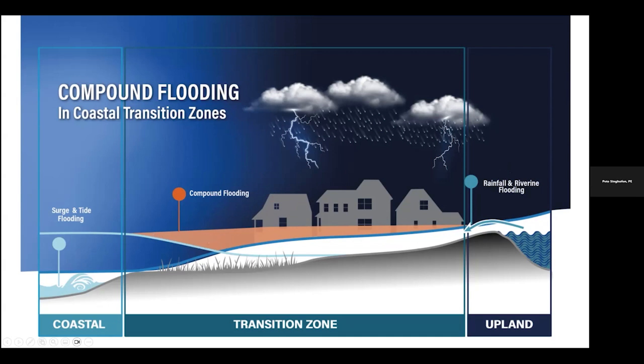It depends on antecedent conditions up in the upland portion. It depends on all the storm surge considerations like wind direction, wind speed, pressure, all sorts of things that affect where the water levels in the ocean will be, and that combination, and I'll demonstrate that in just a minute, can vary. It can be a short transition zone, or it can be a much longer transition zone.